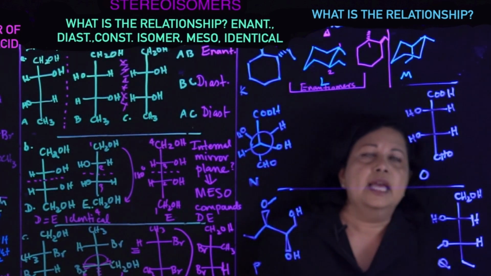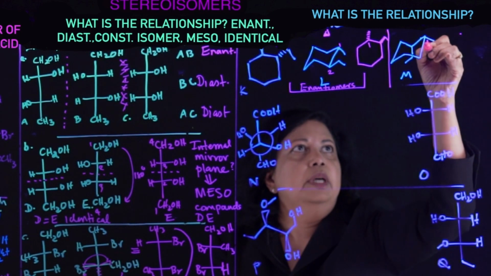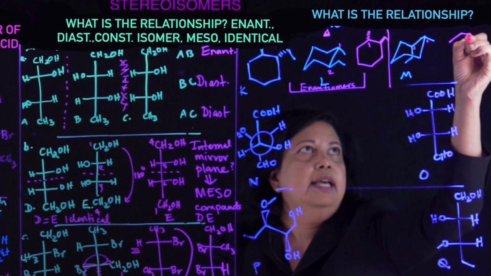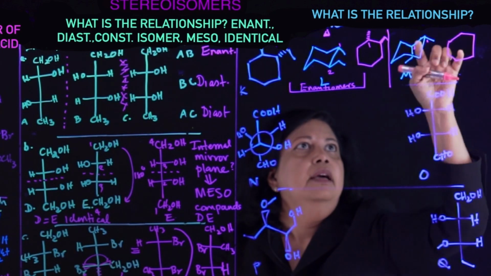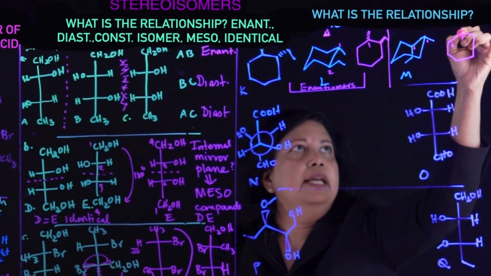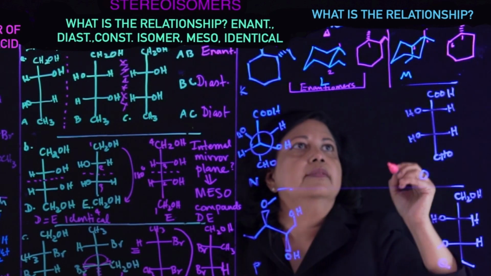Let's take K and M. First of all, again, you have to draw this out in the same perspective. 1, 2, 3, 4, 5, 6. Let's see. So that is going to be 1 and 6. At 1, methyl's going down. If you put the hydrogen, it'll be a lot more obvious.